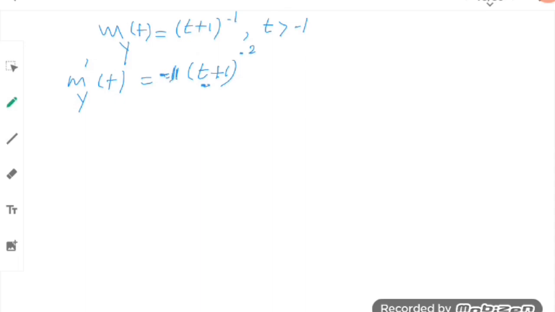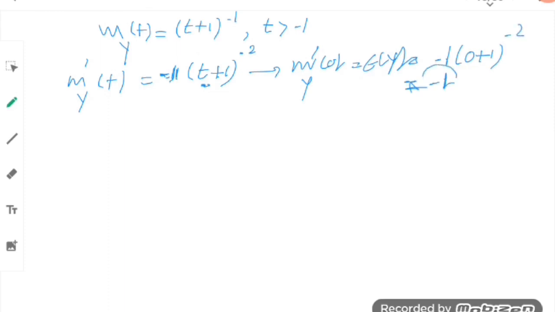So m prime at t equals 0 equals the expected value of y. This will be negative 1 times 0 plus 1 all to the power negative 2, which is negative 1. So the expected value of y equals negative 1. Now, to find the expected value of y squared, we need to differentiate for the second time.